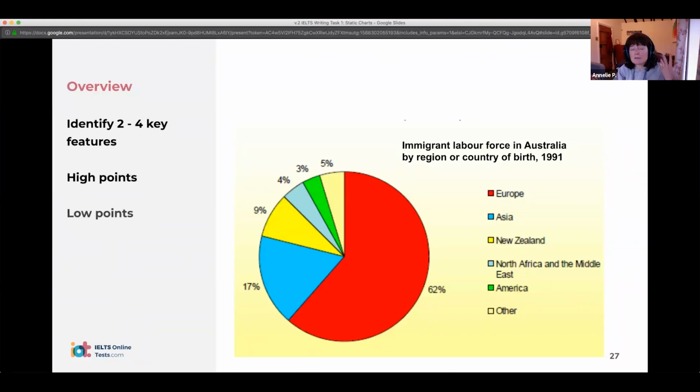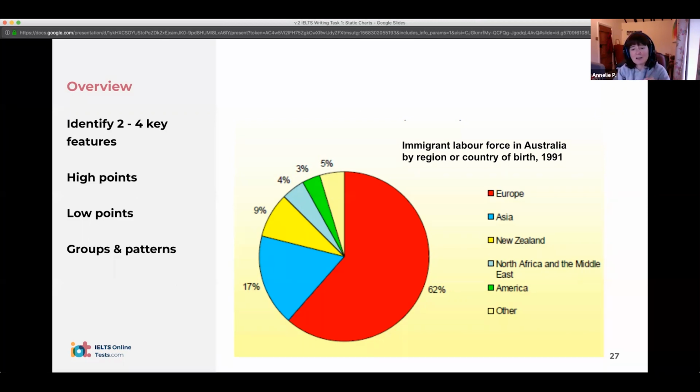Okay, so again, as I said, the key features, main trends, overall patterns. Generally, the highest or lowest figure is probably something that you are going to include. Also, any similar pattern. So on the line graph, it can be what's going up, what has an upward trend, what has a downward trend. Here, it can be the size, the largest and the smallest figures.